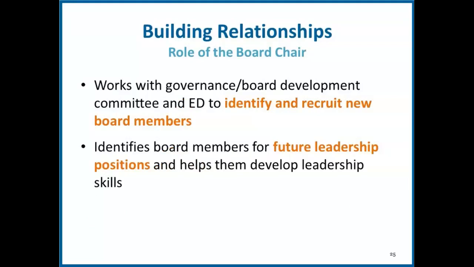Also identifying board members for future leadership positions and helping to develop leadership skills. So the board chair always wants to be thinking of who could lead this board in the future. So as officers are being built up within the board, skills and expertise is being built up, making sure that the board has that succession plan moving forward, that they would be able to go on without that current board chair someday very successfully.